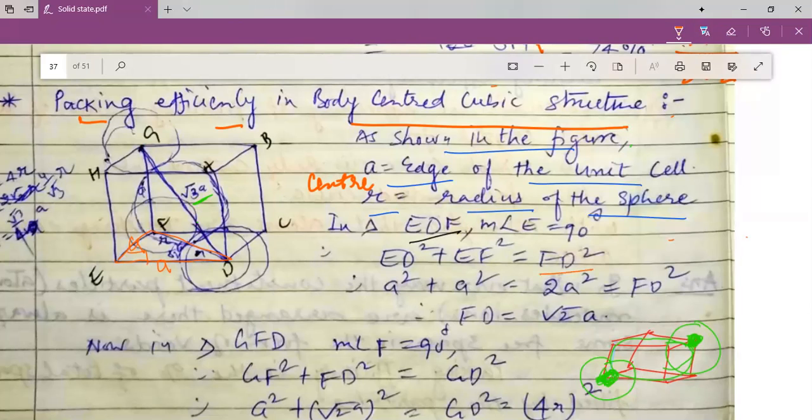ED square is equal to A square because ED is equal to A. EF square is also equal to A square because EF is equal to A, and FD square is this R plus R. So ED square plus EF square is equal to 2A square is equal to FD square, and that is why FD is equal to square root of 2A.